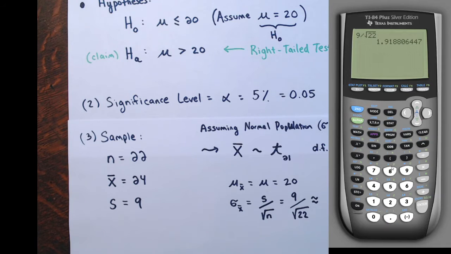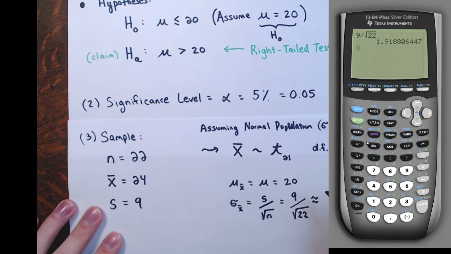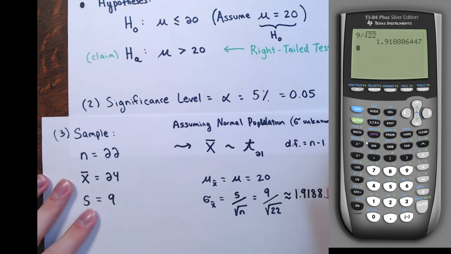There we go. So the standard deviation of these sample means for samples of size 22 is approximately 1.9188, and so on. All right, sorry, I'll put this over here.